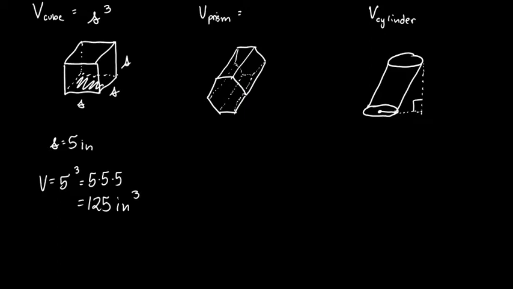Alright, moving forward, the volume of a prism is the area of the base times the height. You need to keep in mind that capital B stands for the area of the base.